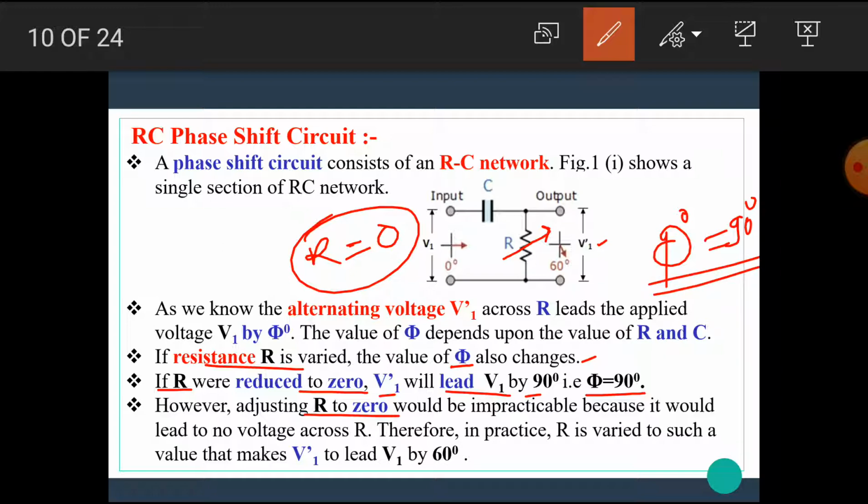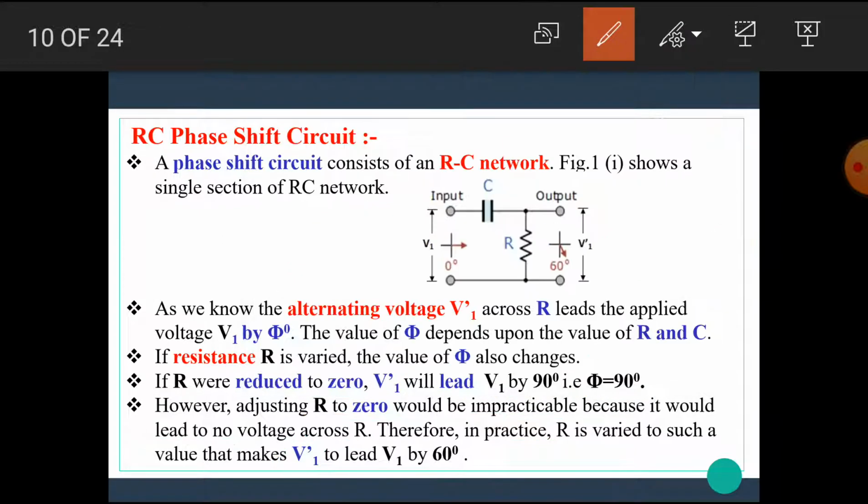But adjusting R to 0 would be impracticable because it would leave no voltage across R. Therefore, in practice, R is varied to such a value that makes V1 dash lead V1 by 60 degrees. That means in that circuit we can see that by changing the value of R, we can make a phase difference between V1 and V1 dash.